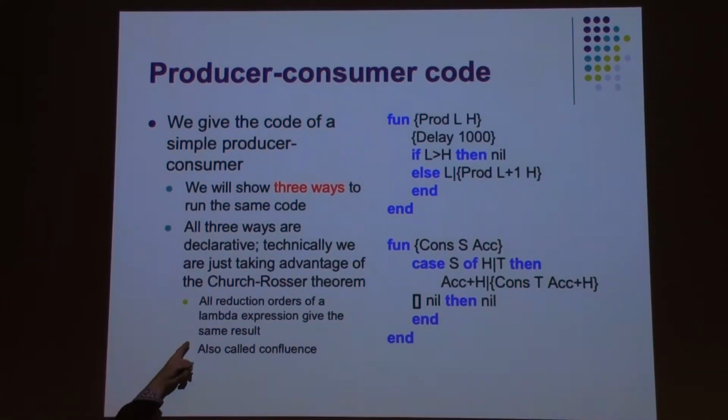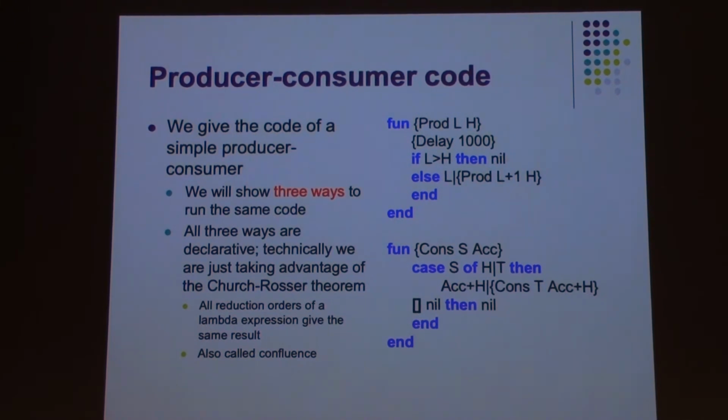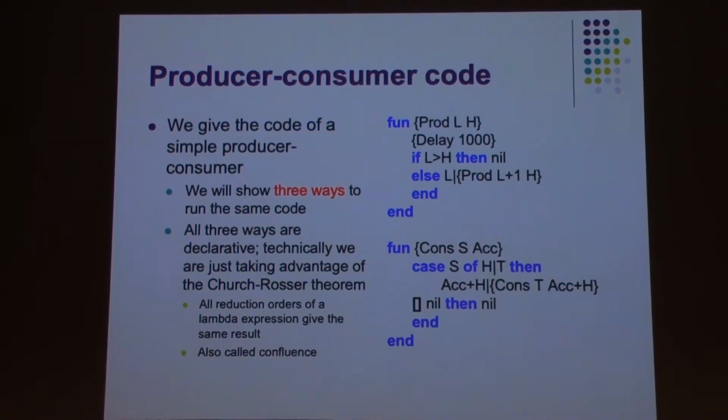All reduction orders give the same result. This property is sometimes called confluence. This is the main, very strong property of functional programming, why it's not non-deterministic. It's because of this very powerful theorem.